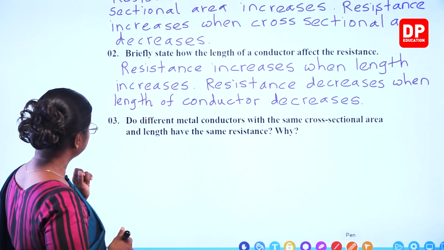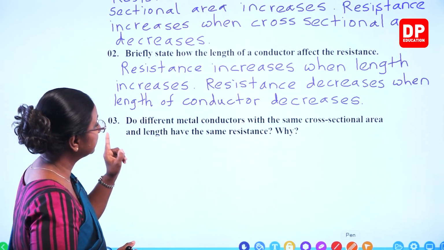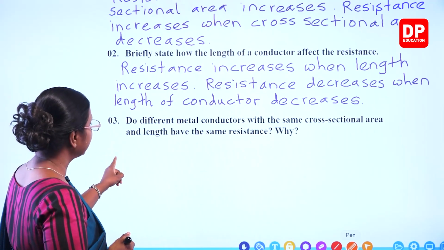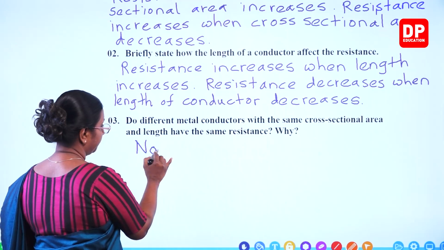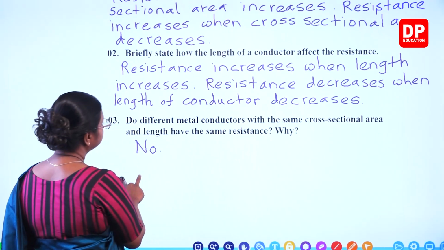So to answer the question, do different metal conductors with the same cross-sectional area and length have the same resistance? The answer is no. And why?